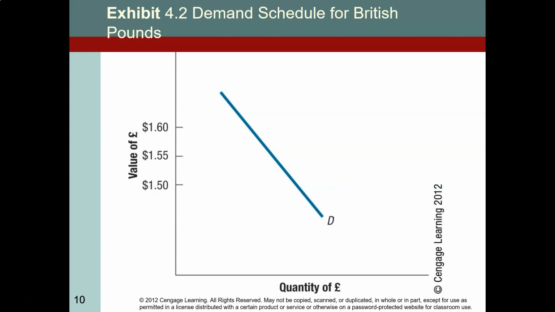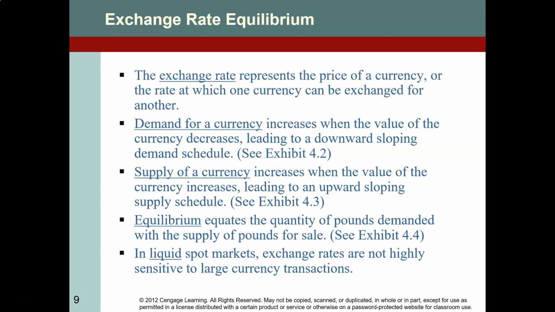So just similar to any good such as an apple, when the value decreases, the quantity increases. So value and quantity go in different directions. That's why we have a downward sloping curve here as our demand curve. And this exists for most goods. When they are cheaper, there is a larger quantity demanded for them. This is for currency and most goods. There are special cases such as luxury goods, but that's not in our discussion here. Okay, this is the demand curve.